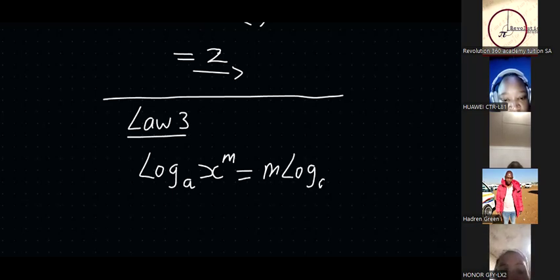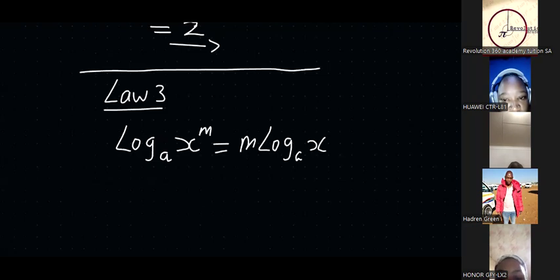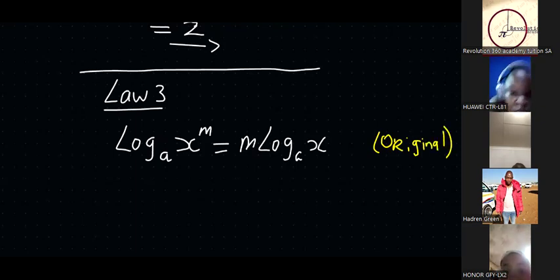So this one is the original law number 3. And since you asked which law is used on that step, it is the reverse of this law number 3. What is that reverse law? I'm going to write it with the green color.